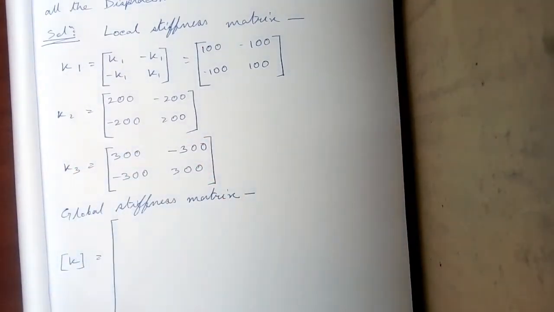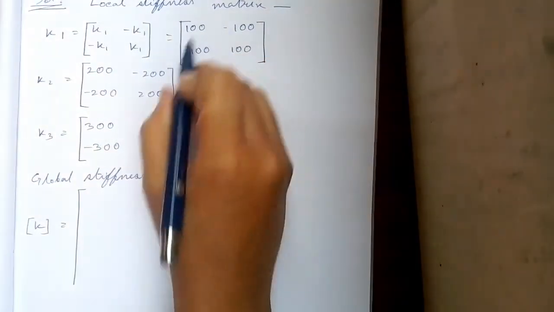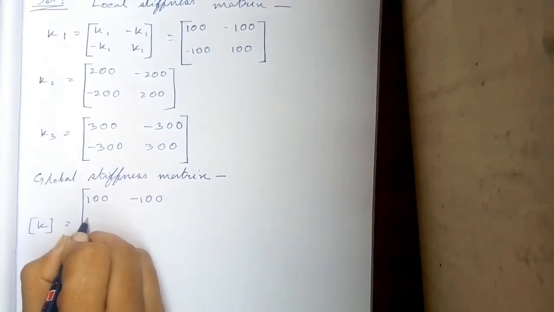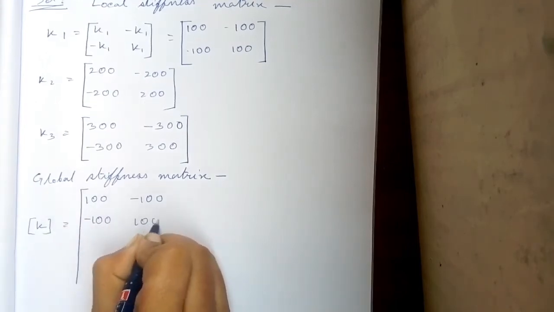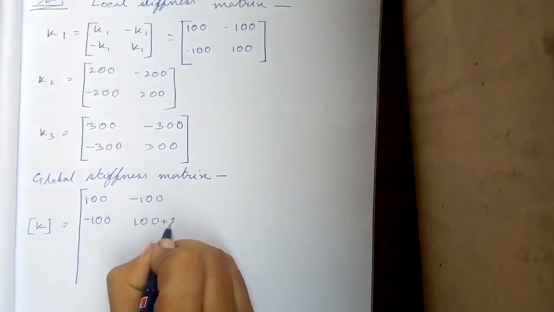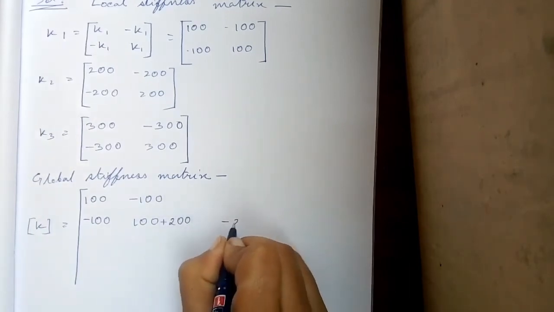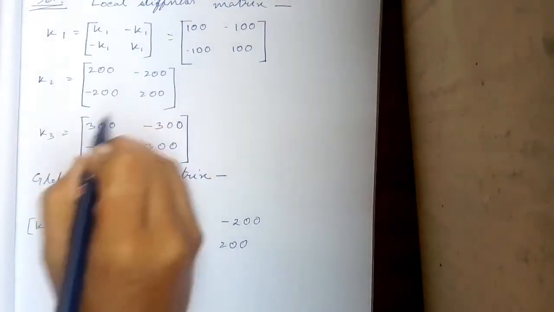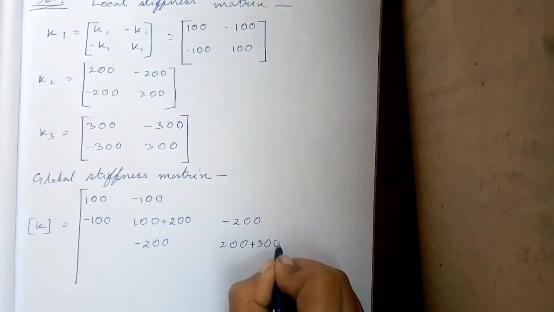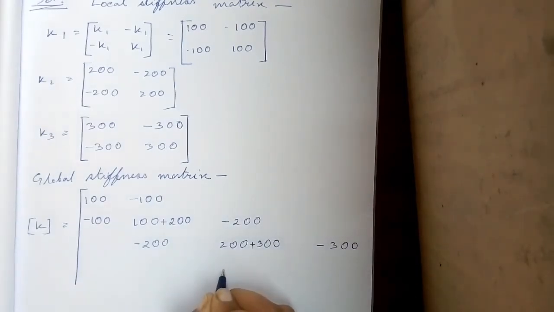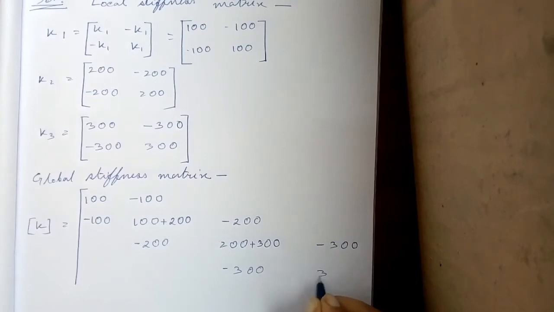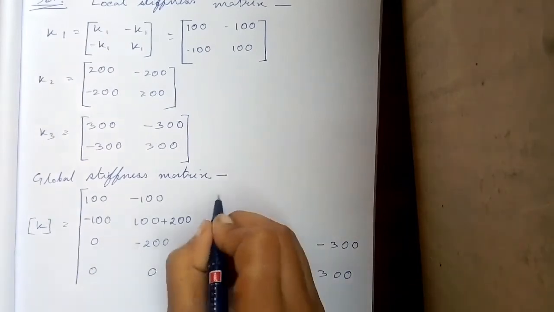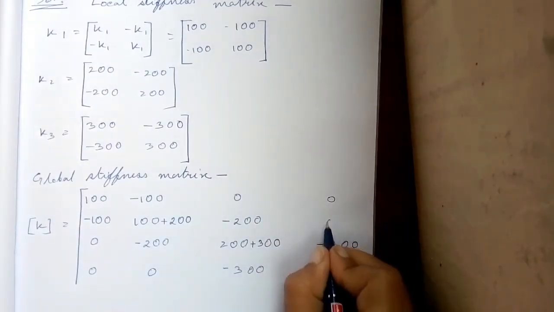First of all, write down the values of K1, means 100 minus 100 minus 100, 100 plus the first element of K2 minus 200 and then minus 200 200, again first element of K3, okay, minus 300 and 300. The rest of the elements will be 0 and 0.